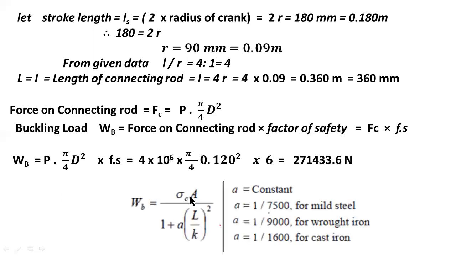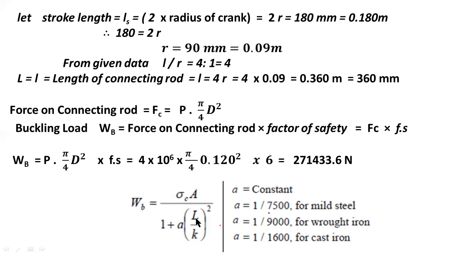Okay, already we know the formula for Rankine's formula: WB equals sigma C into A by 1 plus a into L by K whole square. From this formula, you will get the value of flange thickness t. Here you have to substitute the value of WB, and the sigma C value is already given in our problem. Capital A is the area of the I cross section, that is 11 t square.